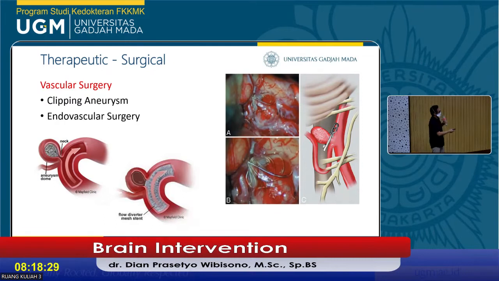We can put a clip right here, or we can put in, endovascularly, a coil or a diverter. So principally, we have to prevent the aneurysm from being filled by blood, whether it's clipped or treated using a diverter or coil like this.